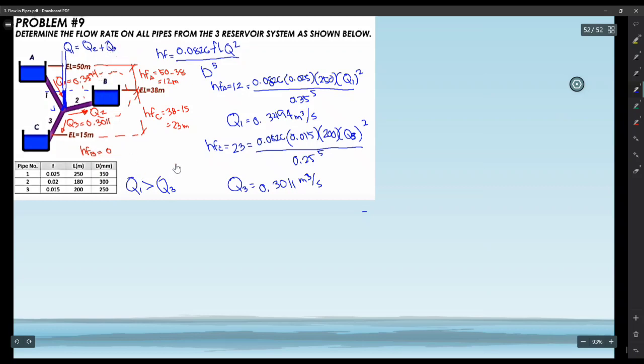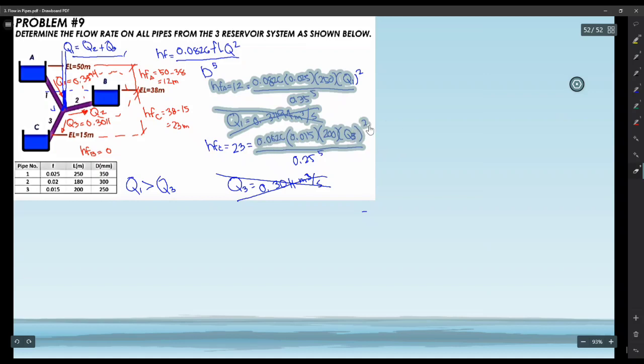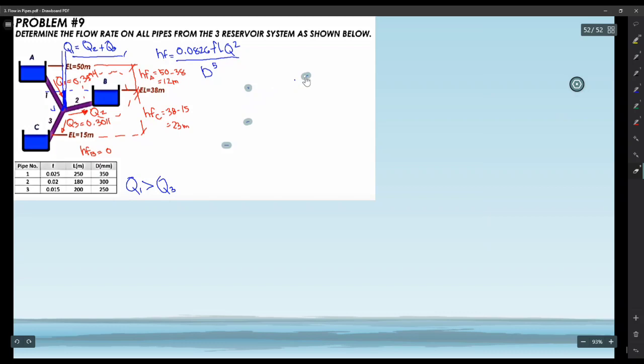I hope that's clear. Again, this is not yet the final answer. What we found at first, since we leveled the water in the piezometer, is the equation for the flow of fluid in the 3 reservoirs. We haven't really solved anything yet. What we did was establish the equation for the flow rate of the 3 reservoirs.